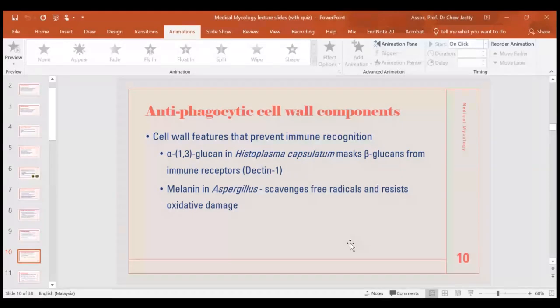And then the number 5 virulence factor includes the antiphagocytic cell wall components. If you look at the cell wall components of fungal cells, they have beta-glucan structures. In certain species of fungi, they have virulence factors such as alpha-1,3 glucan, which is present in Histoplasma. They actually mask the beta-glucans from being recognized by the immune receptors.